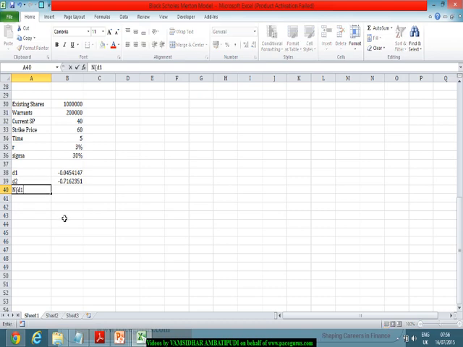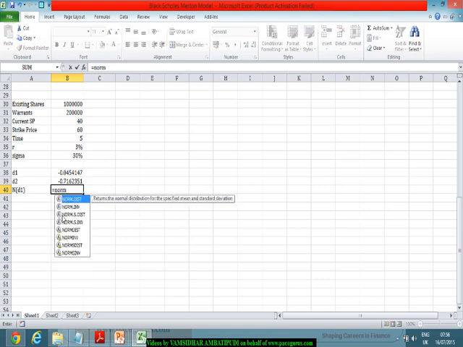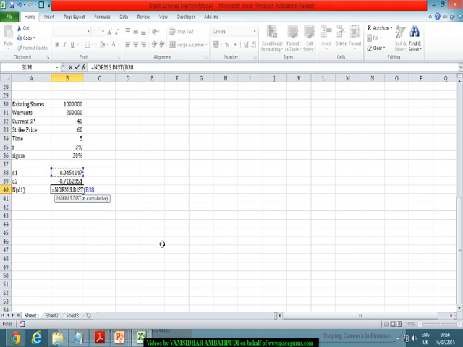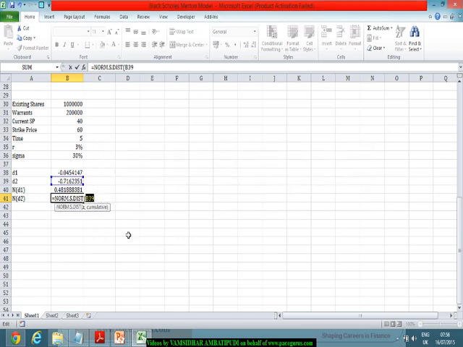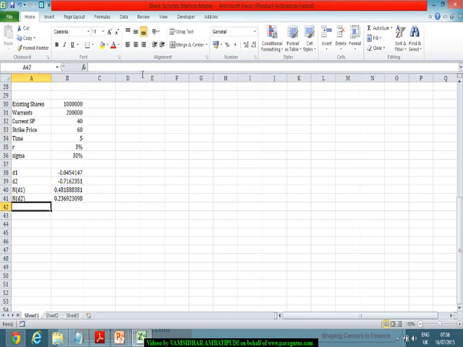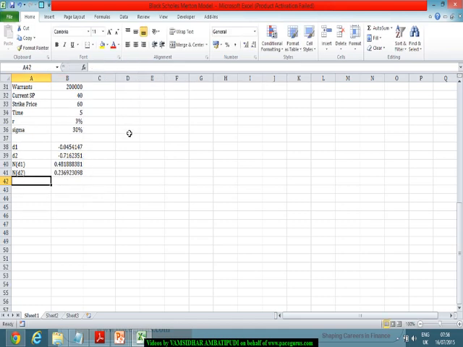Now we require the cumulative normal distribution value corresponding to D1. So I'll use NORM.S.DIST corresponding to this D1, which says around 48% of the area, and if I have to compute N(D2) using the same NORM.S.DIST, it works out around 23% of the area.